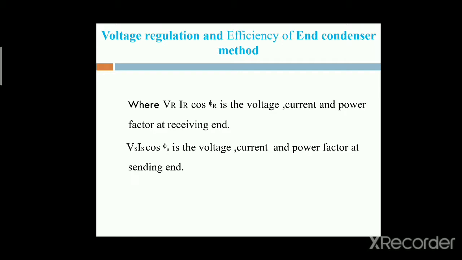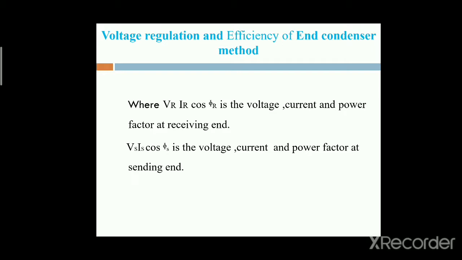The power delivered is VR IR cos phi R, divided by VR IR cos phi R plus line losses, that is I square R losses, into 100.